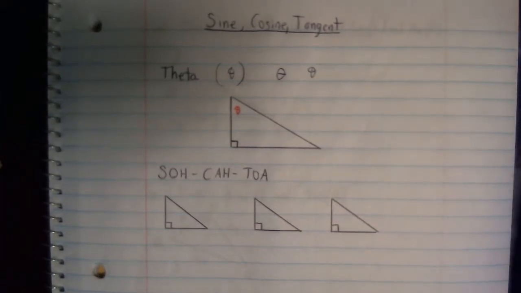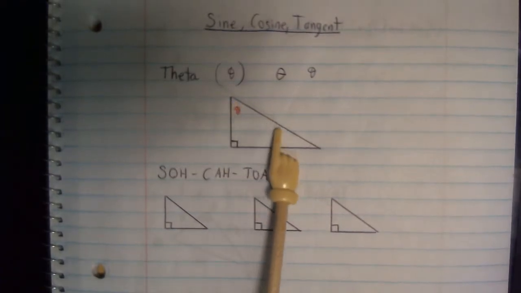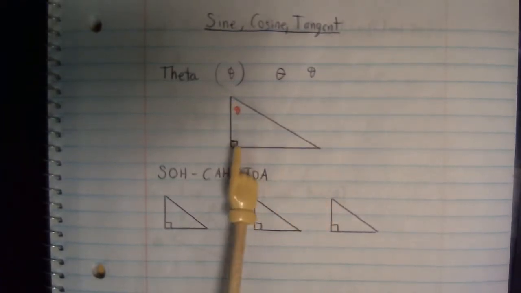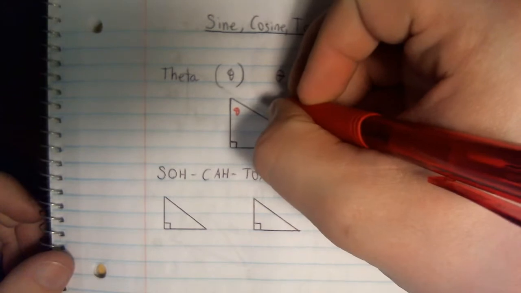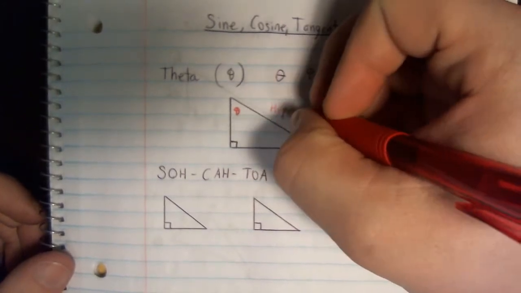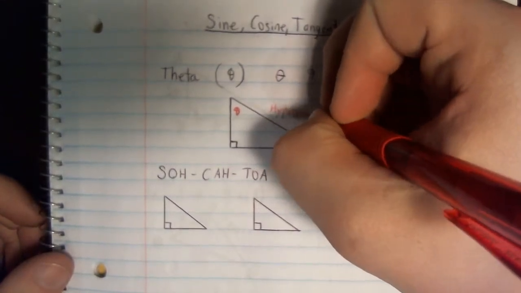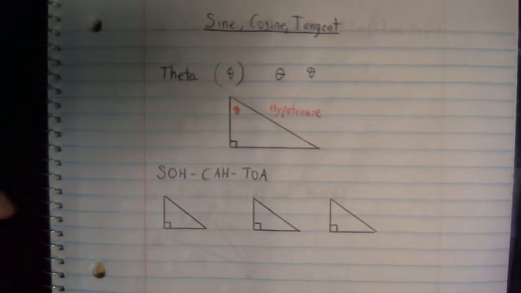The first side that we're going to talk about is the hypotenuse. Now the hypotenuse is always going to be the longest side, and it's always the side that's across from the 90. It's very important that we are able to identify all these sides, but especially the hypotenuse.